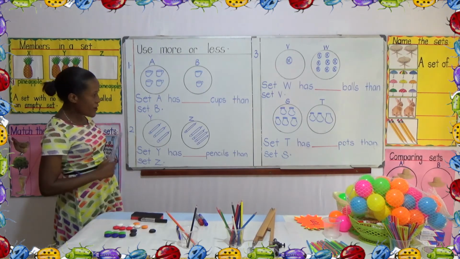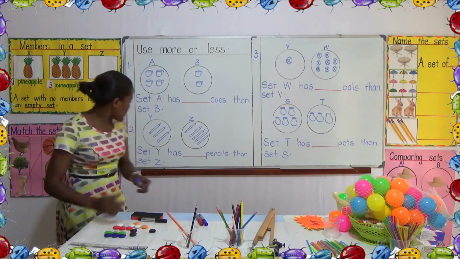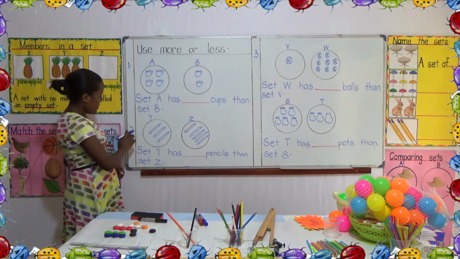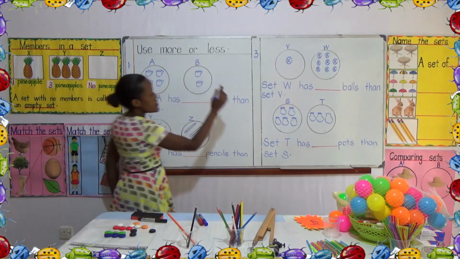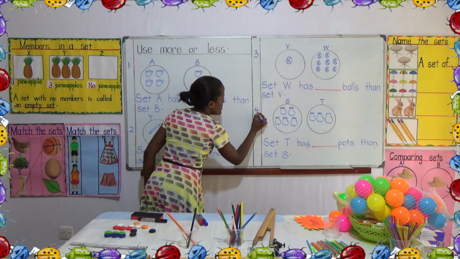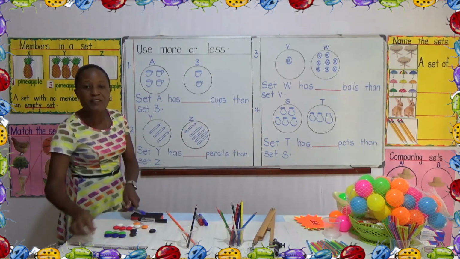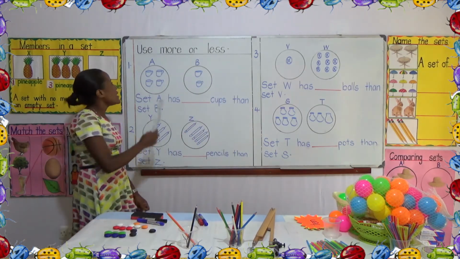They are just 4 numbers. Number 1, number 2, 3, and the last one is number 4. Can you read through?